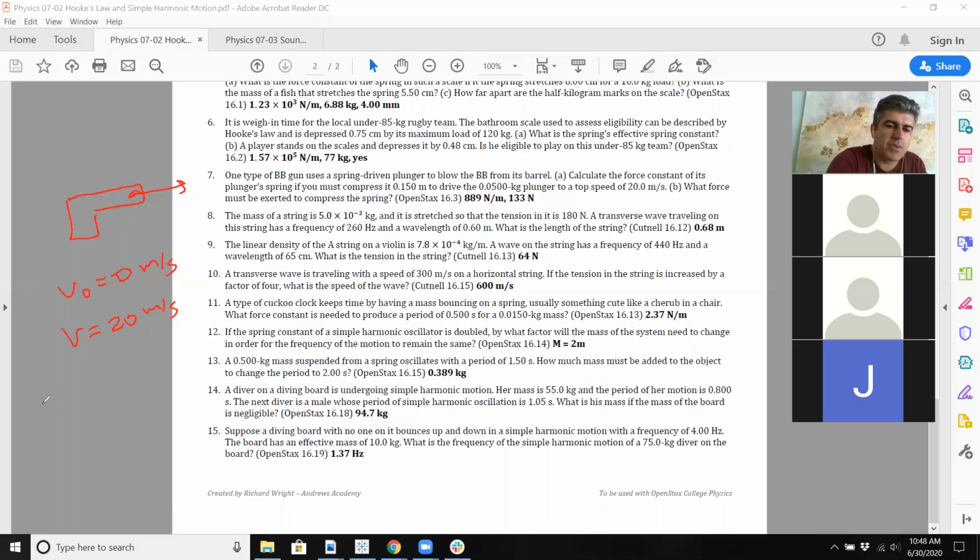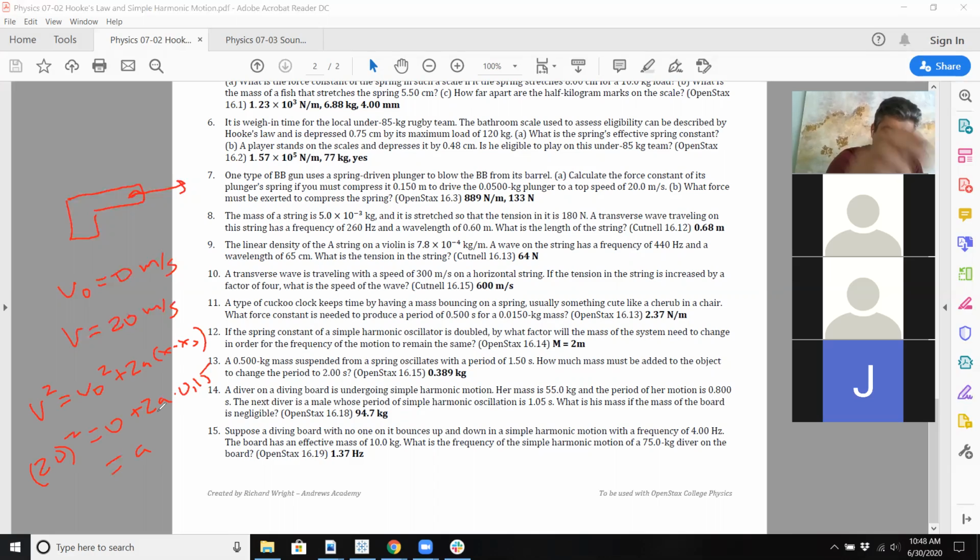So you remember some of our kinematic formulas, right? Remember we have v squared equals v0 squared plus 2a times x minus x0. So your final velocity is 20, your initial velocity is 0. And if you solve for acceleration, the distance is 0.15.